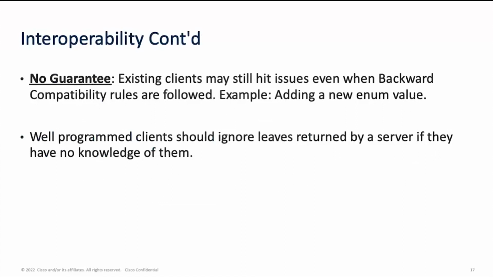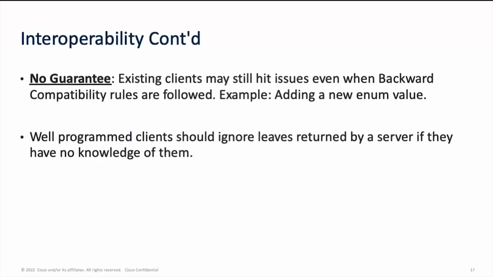Well-programmed clients should ignore leaves returned by a server if they have no knowledge of them. This is rarely implemented in the field, but it is very crucial because a device can be adding new leaves, new elements, and the manager or the client can still be working using the previous specification.